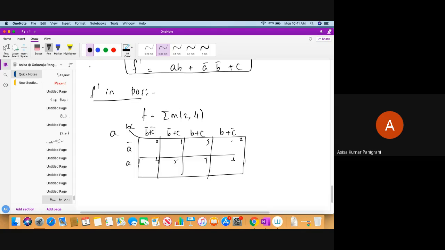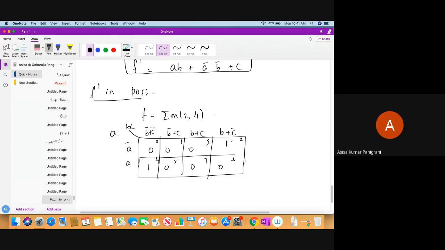So I can put those like min terms. Here 2 and 4 are my min terms, and other places obviously are all zeros.